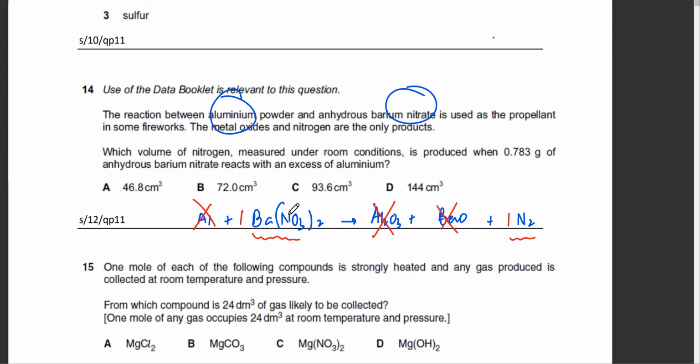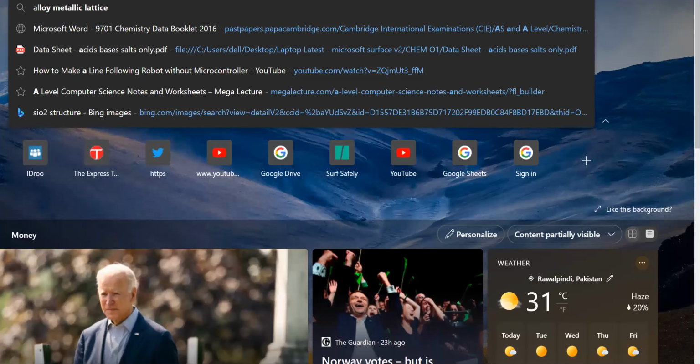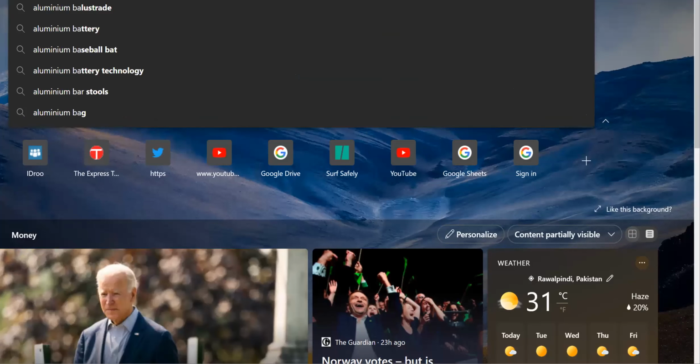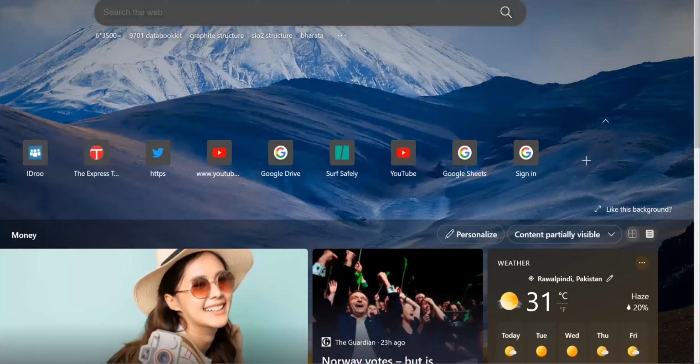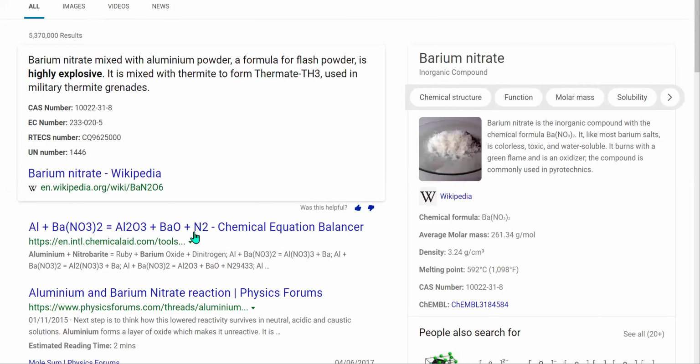But the actual equation mein ho sakta hai ki it comes out to be 3:3 or something else. Like I can, one second, look up the aluminium with barium nitrate reaction. So iske andar this is the reaction, theek hai? And I'll show you the balanced equation. That's going to be a very difficult balanced equation if it opens up.